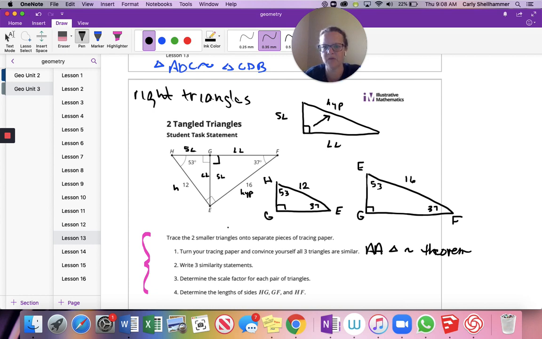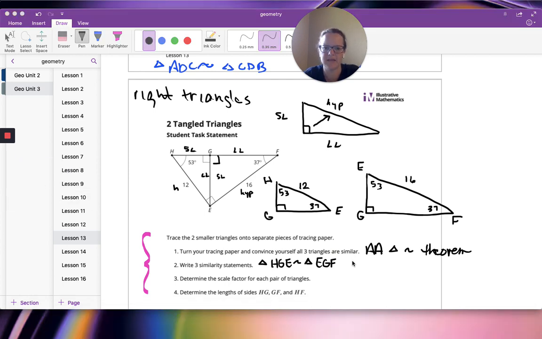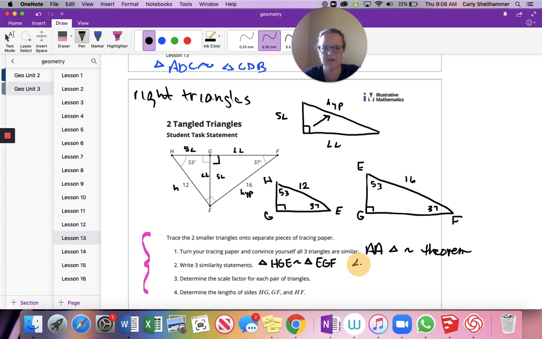Okay, write 3 similarity statements. I can say triangle HGE is similar to triangle EGF. Pause for a second. I'm going to see what we're going for here. Yep, we're just naming them in different ways. Triangle GEH is similar to triangle GEF.